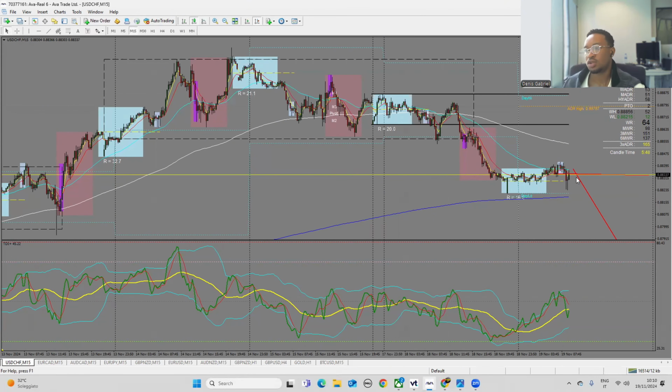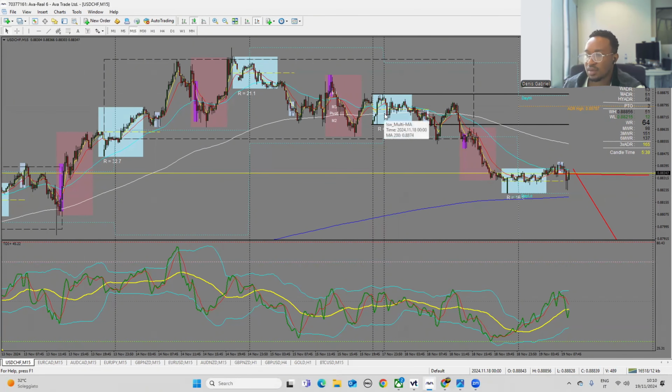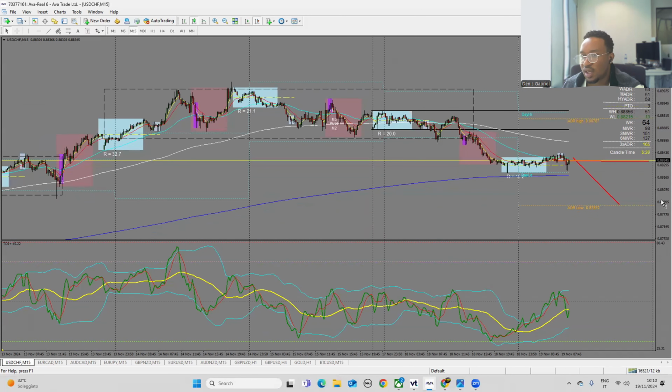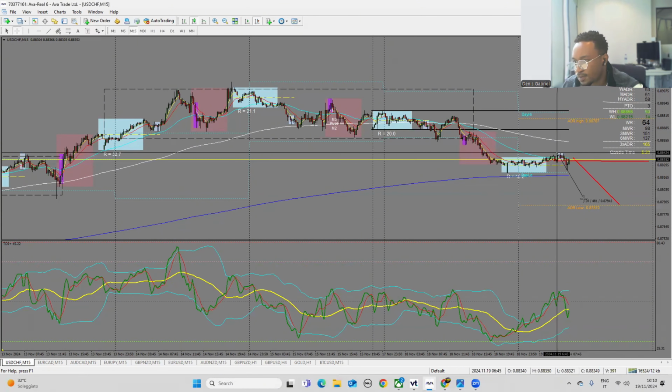About 54. So we could say on average, this pair moves about 41 pips, or we could say 50 pips in a day on average. So we would also be expecting price to at least, let's see, ideally 45 pips, right?